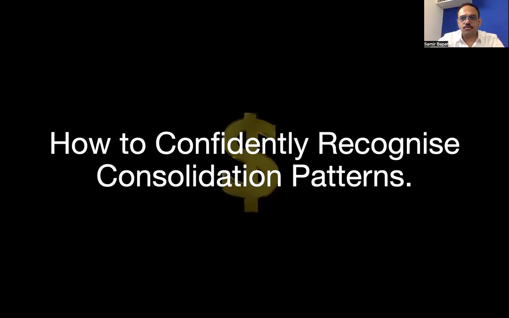So these are the two challenges participants are facing, and I have received a lot of one-on-one messages on this. So I thought today I will give finer details on how to identify the consolidation patterns so that you can confidently identify them for trading.